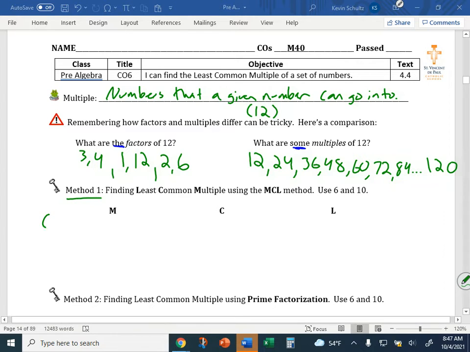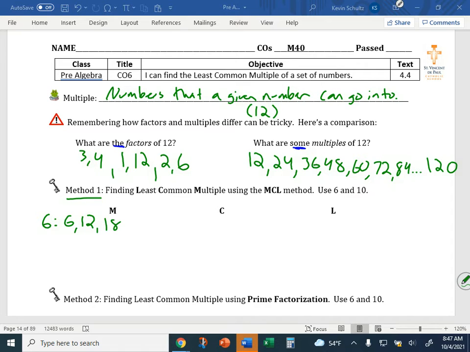So with 6, what are the multiples of 6? 4 is not a multiple of 6, nor is it a factor, so that was kind of odd to say. Haley, you're thinking factors now. We want multiples. Remember, multiples are numbers that, in this case, 6 can go into. 6, 12, okay? 6 can go into itself, and 12.